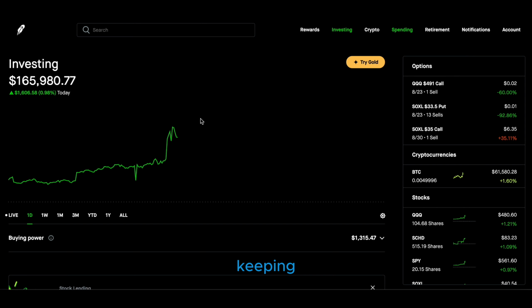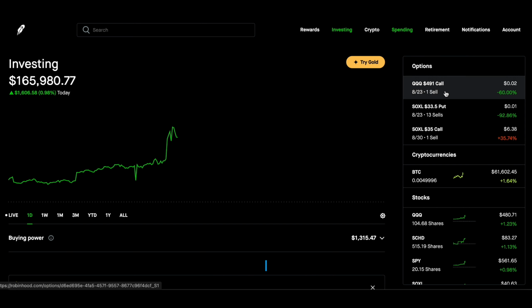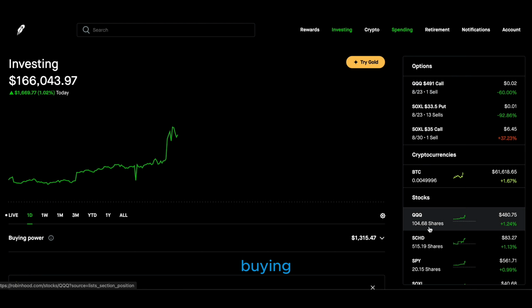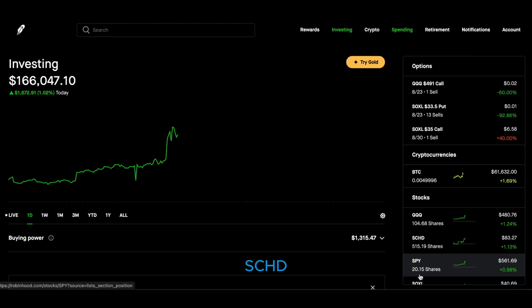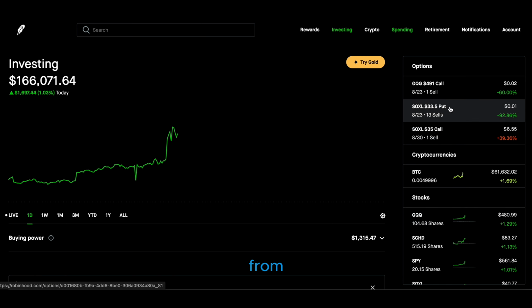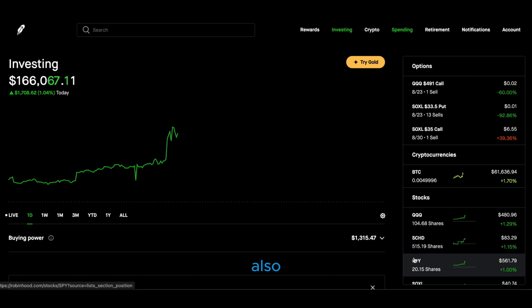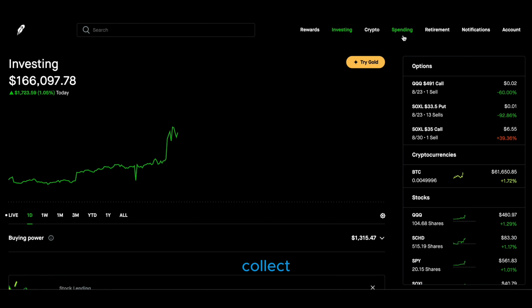So I'm keeping the cash that I get from selling covered calls on QQQ in QQQ, buying more of it. I have 515 shares of SCHD, and on SPY I'm building my position every single day. I'm investing $110 in recurring payments, plus anything that I collect from selling cash secured puts and covered calls other than on QQQ goes into buying more SPY. So I'm supercharging this with my investment plus the premium that I collect from the market.